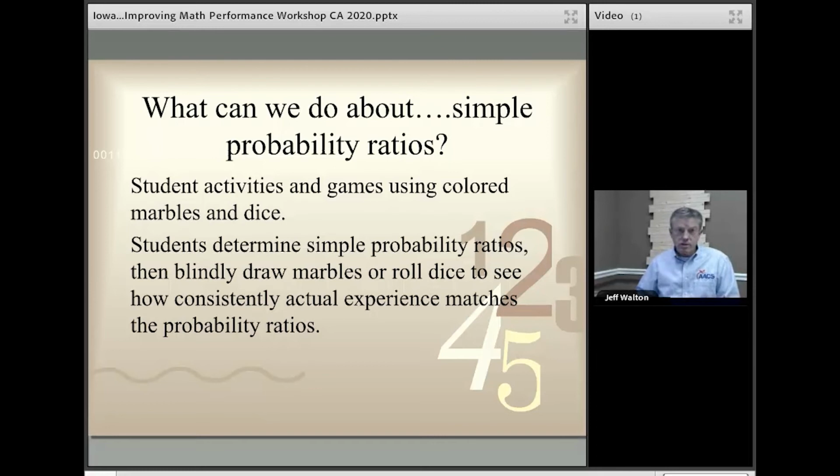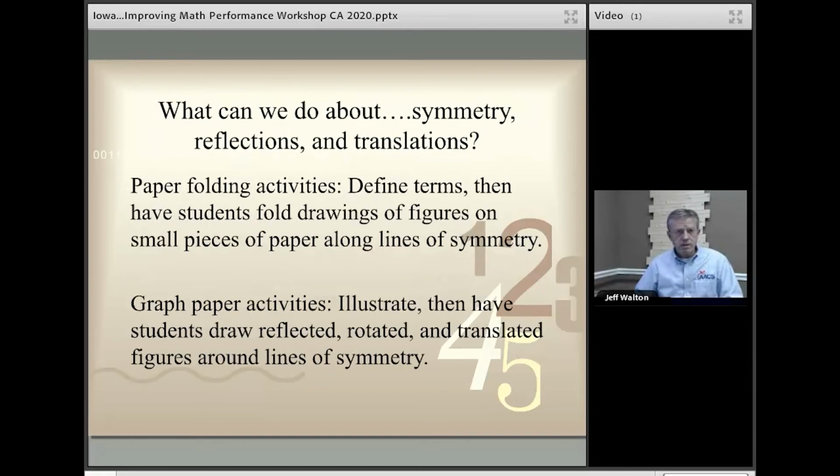So I'm not going to teach that lesson to you, but there's a real easy resource for you to use. And again, a lot of information about that if you want to do a web search on teaching probability ratios to elementary students, or teaching probability ratios using marbles or dice, and lesson plans available on Teachers Pay Teachers.